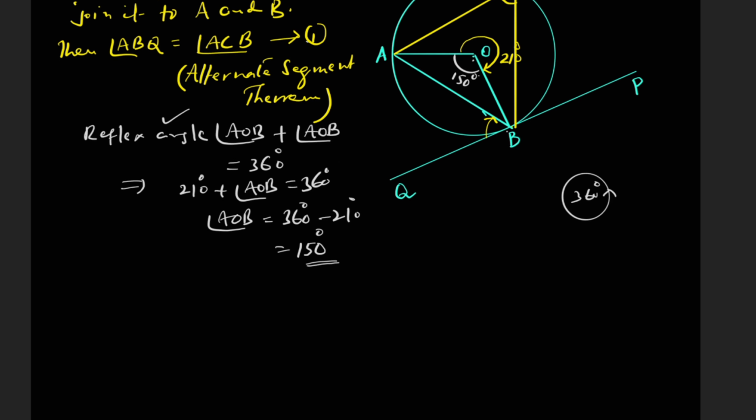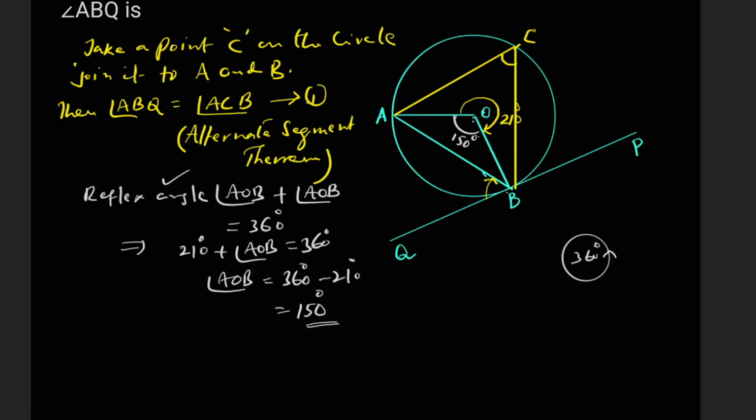Now another theorem is there: the angle subtended by a chord at the center of the circle. Here in the diagram AOB is 150, then the angle subtended by the chord on the remaining part of the circle will be half of 150, which means 75 degrees. This is also a theorem: angle AOB is double the value of ACB.